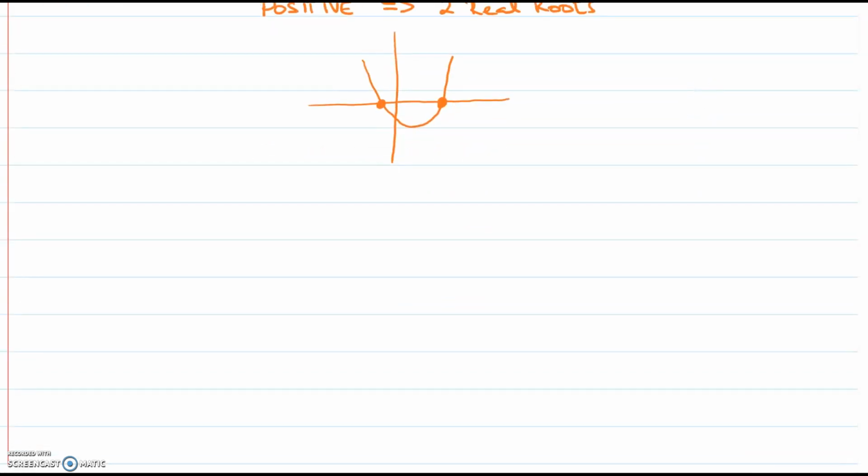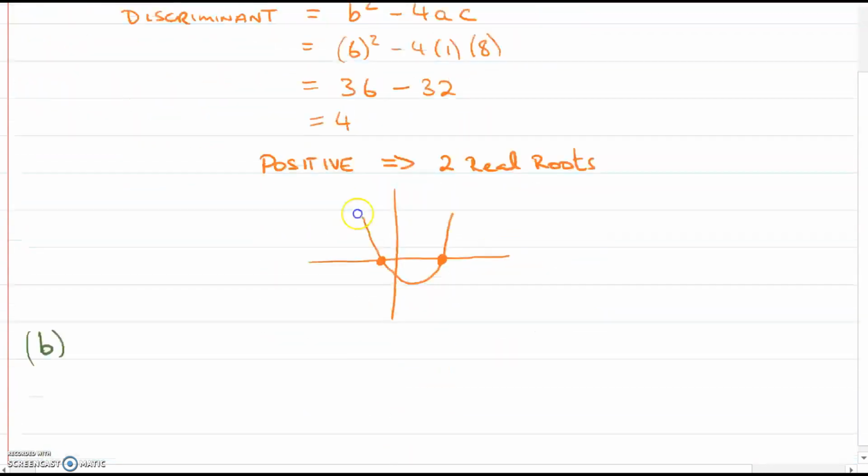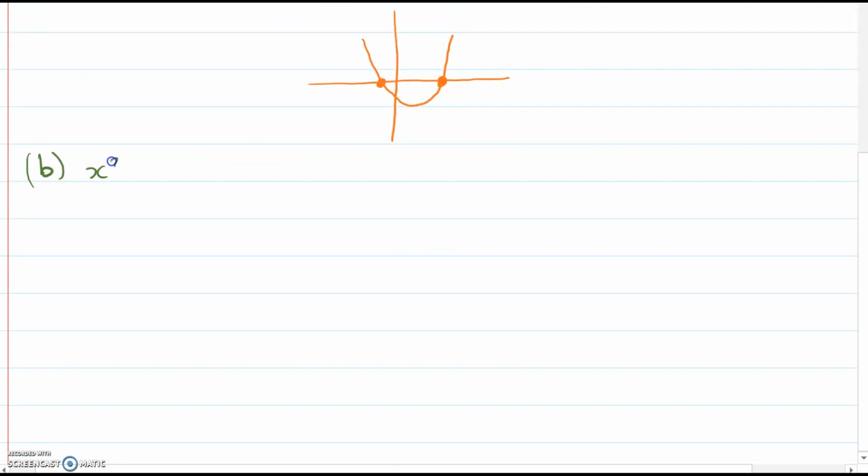So, let's move on to B. B was x squared plus 6x plus 9 equals 0. If we do that, we have a equals 1, b equals 6, c equals 9.